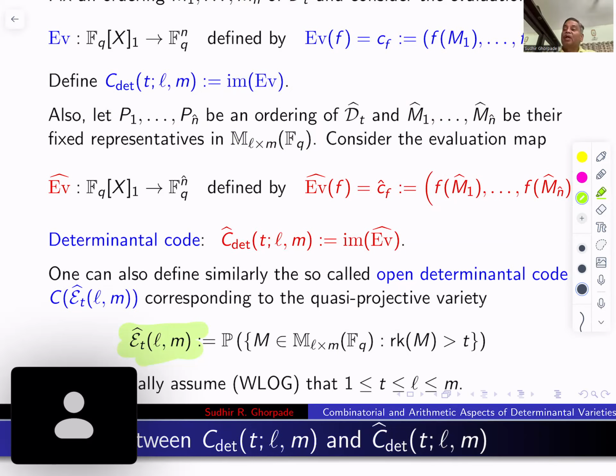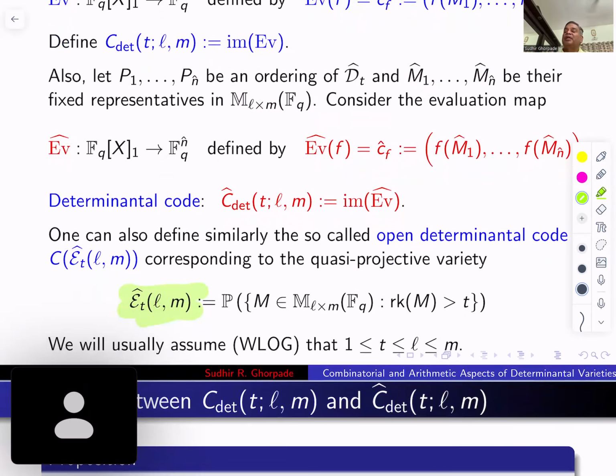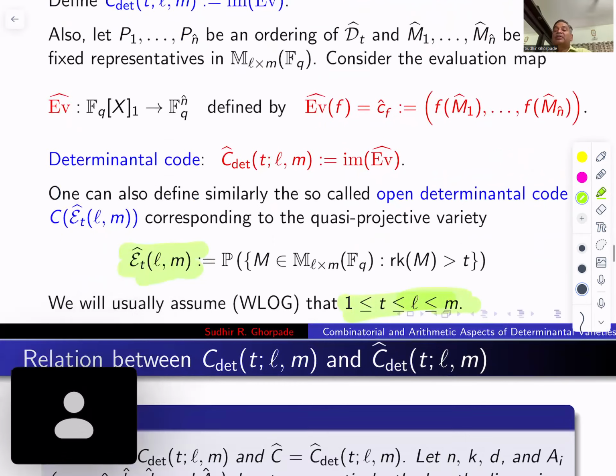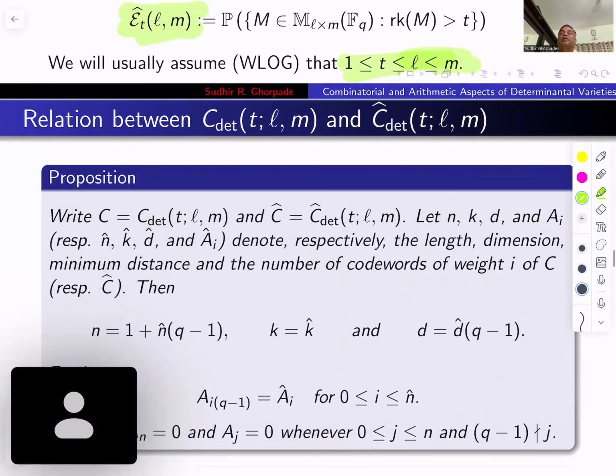And to avoid triviality, I'll assume without loss of generality that L is less than or equal to M, and of course t is less than or equal to M. t equal to 0 is a trivial case, so I'll assume t is bigger than or equal to 1. So that's the affine determinantal code or the usual determinantal code.